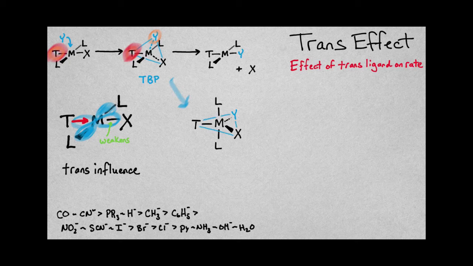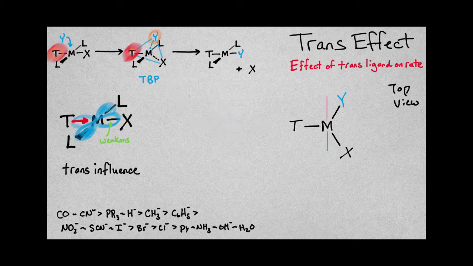There we go. And then what I'm going to do is imagine yourself looking straight down from the top of this complex. So I'm going to look exactly straight down on top of the triangle, like that. Okay? So I've left out the L ligands, because they'd be on top and bottom, so we can see this a little better. I've left them out. So we're looking at a top view here.